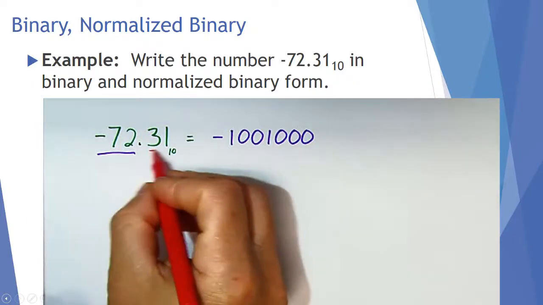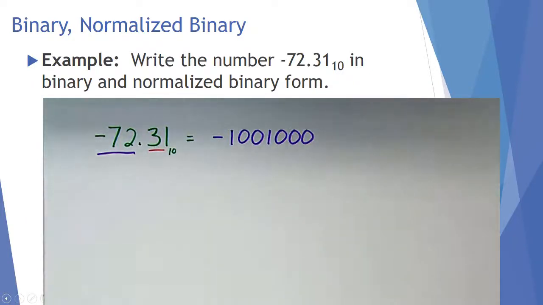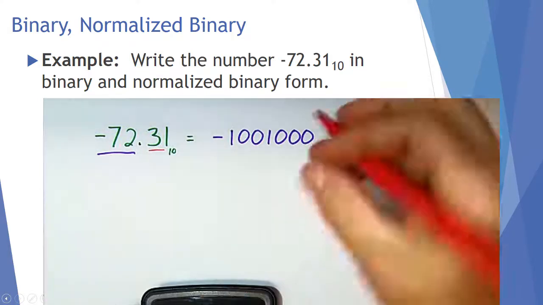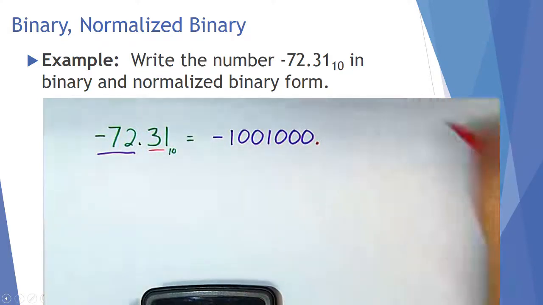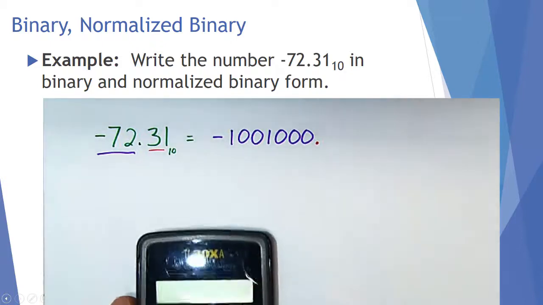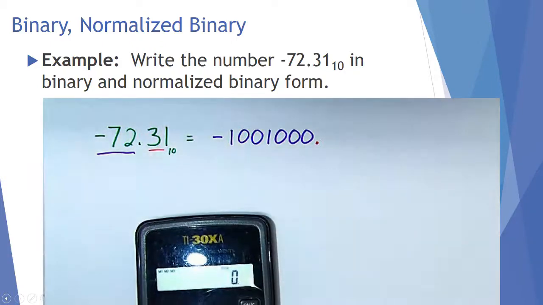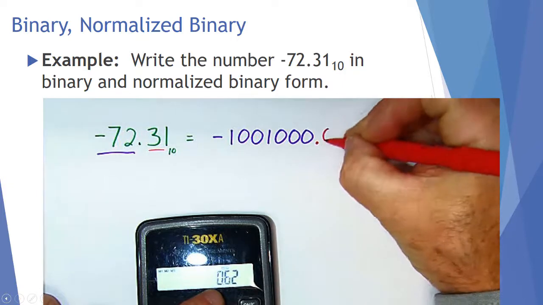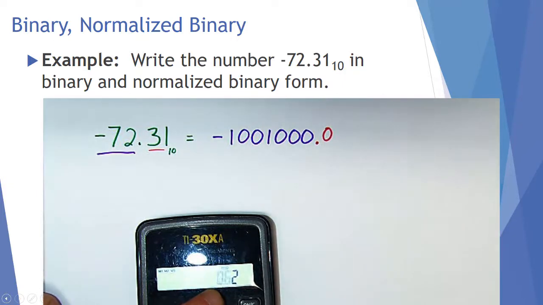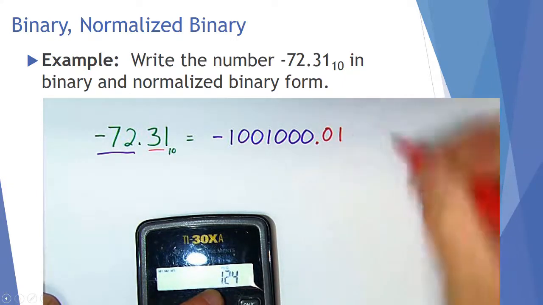But this number has decimals after it. I'm using red not because this is wrong, just want to make it stand out here. So we have to have some binary places on our number as well. And if you remember, the process to do that is really easy. We take our number 0.31 and we start multiplying it by 2. If we multiply that by 2, we get a 0 in our first binary place, times 2 again. There we get a 1.